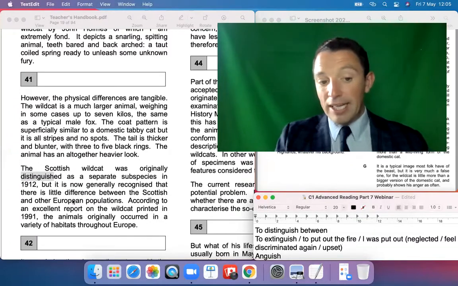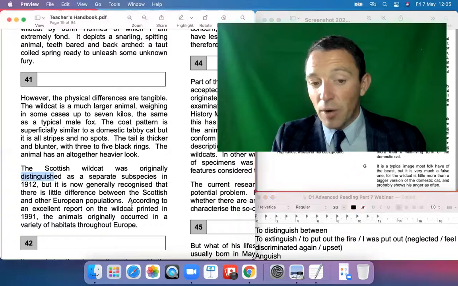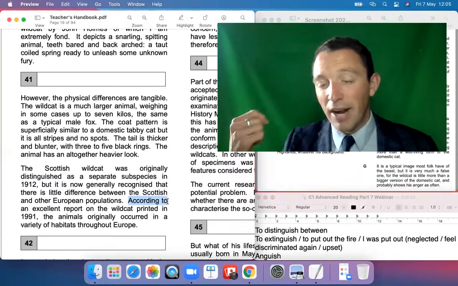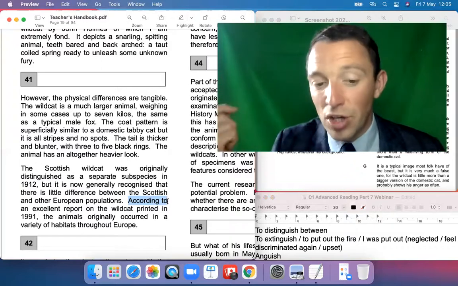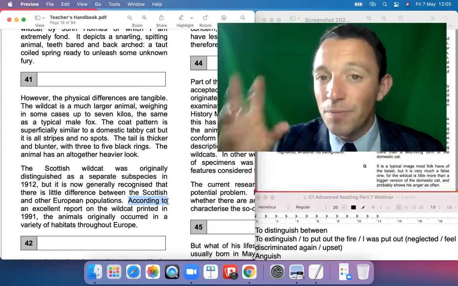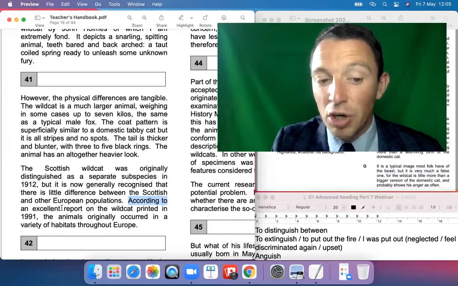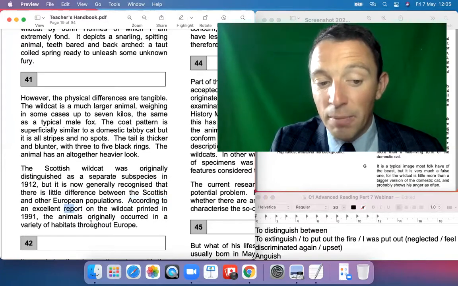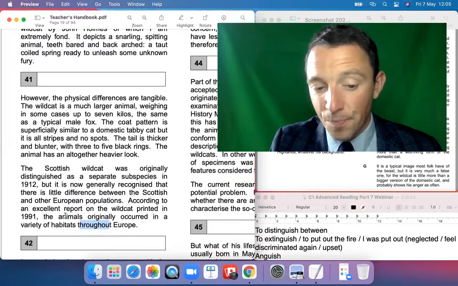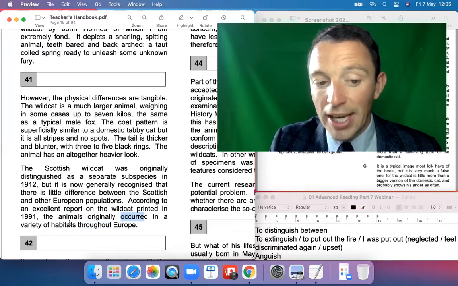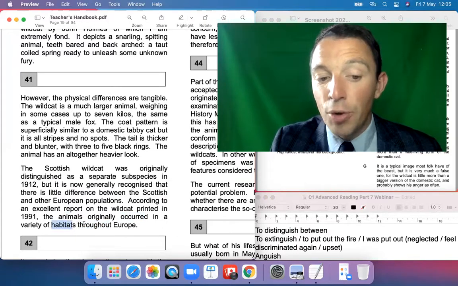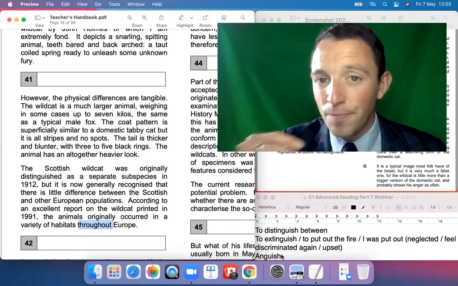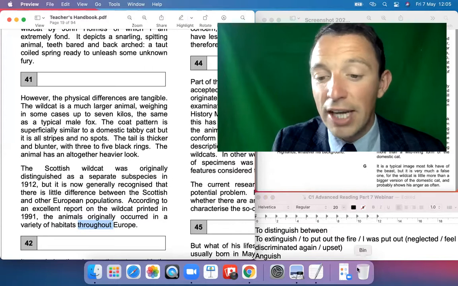In the rest of the paragraph, I think everything is okay. According to is like según in Español, according to my friend, according to him, according to you. In this situation, it's according to the report. Throughout is very important. So the animals originally occurred in a variety of habitats throughout Europe. That word is very important. It means all over Europe, but we also use it in relation to time.